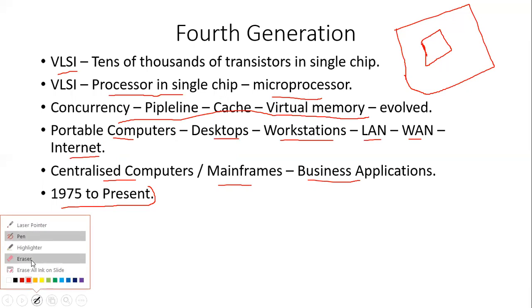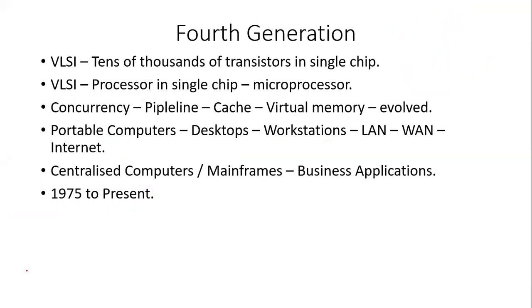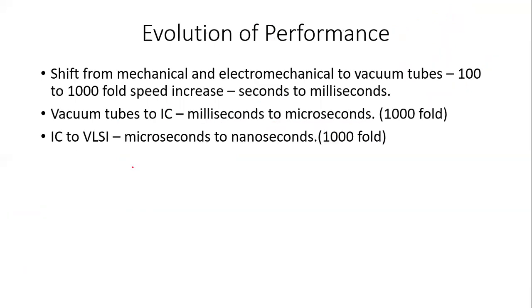So this is about the various generations of computers. If you see the evolution of computers in terms of performance, there was a shift from mechanical and electromechanical devices to vacuum tubes. Before vacuum tubes, electromechanical and mechanical technology was used for performing arithmetic operations.